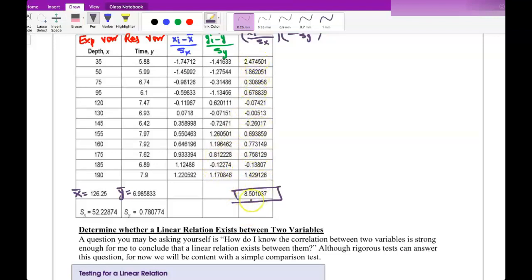So adding all these points is that one. So that is the addition of these two. Okay, multiplying these two and then adding all these data.